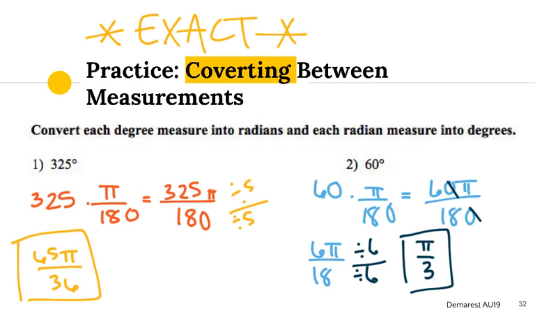So when you're going from degrees to radians, you have to simplify the fractions by hand, or just simplify the number part in your calculator. You cannot type the pi into your calculator.